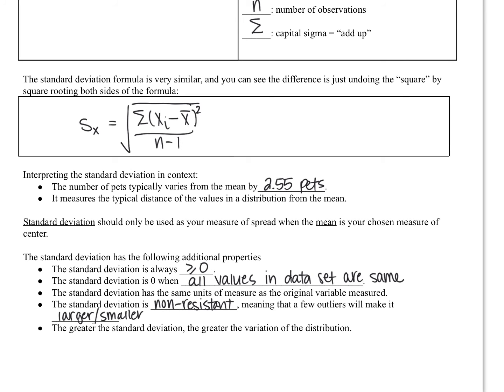If your outlier is a lot bigger than the rest of your data set, it will pull the standard deviation higher. So the greater the standard deviation, the greater the variation of the distribution. Whether or not a standard deviation is small or large is relative to what your distribution looks like. So we'll talk more about that when we're looking at examples.